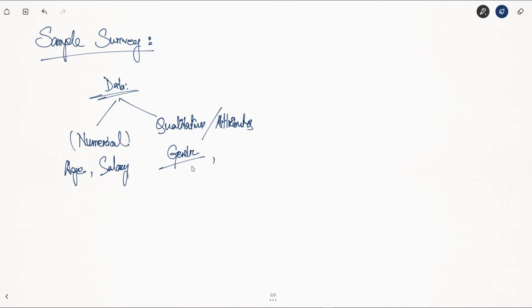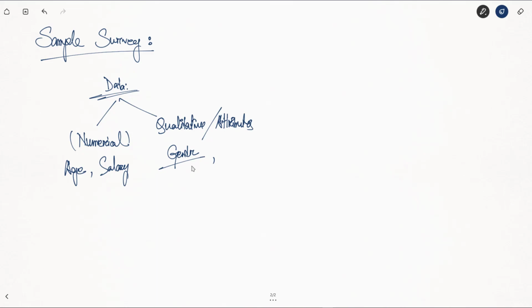One person will possess a particular class or not possess a particular class. Similarly, your liking or disliking to a particular product, or presence or absence of a particular disease in a particular patient. So these all are qualitative or attributes, and all the other information that comes in terms of numbers are called numerical or quantitative. So these are data.